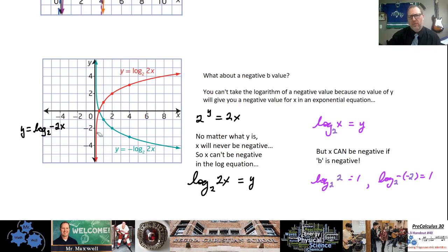But notice for both of these graphs that these log functions don't ever go into the negatives, okay? And so we do have to remember that if b is negative, that should flip the graph over to the left, okay?